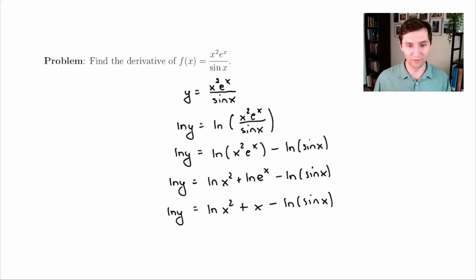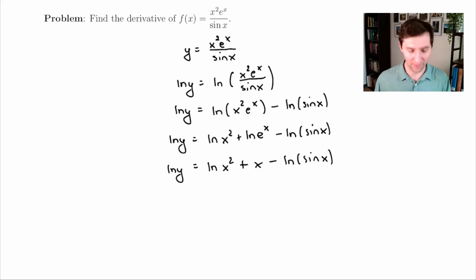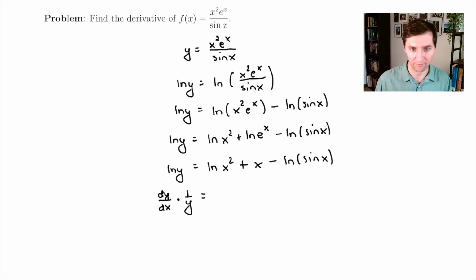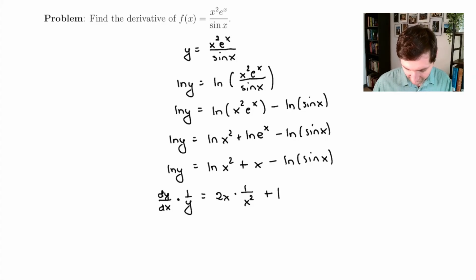Now I take the derivative on both sides with respect to x, and I get, on the left, dy/dx times 1 over y by applying the chain rule. I apply the chain rule now to the first term, and I get the derivative of x squared is 2x, the derivative of ln is 1 over whatever was inside of ln. The derivative of x is simply 1, and then I have minus, the derivative of sine is cosine, the derivative of ln is 1 over whatever was inside of ln.